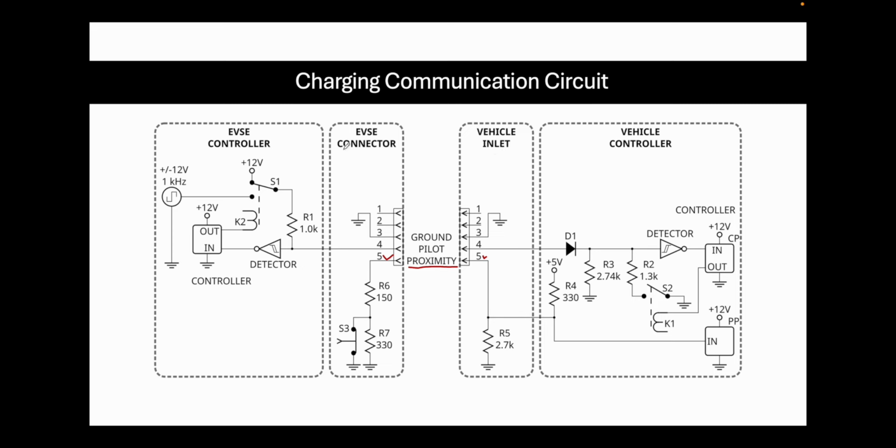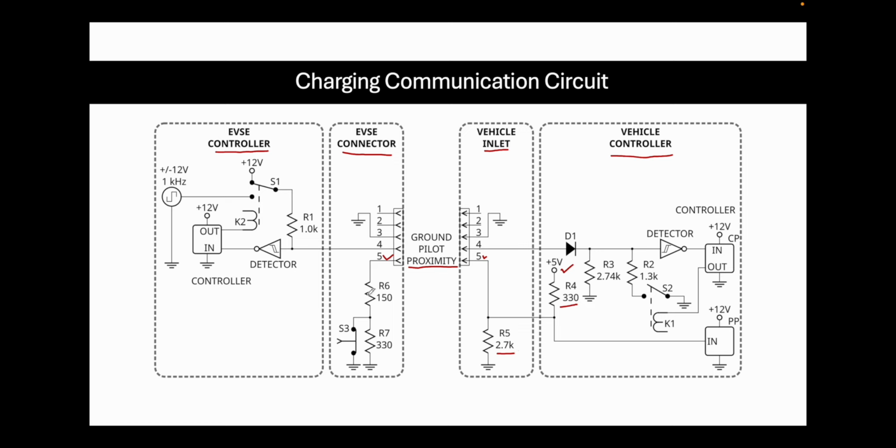This is the charging connector, and this is the vehicle inlet, and you also have the charging controller and the vehicle controller. Here you have the power supply of 5 volt for the proximity pilot, and you have a 330 ohm resistance and 2.7k ohm. These two are present on the vehicle side.